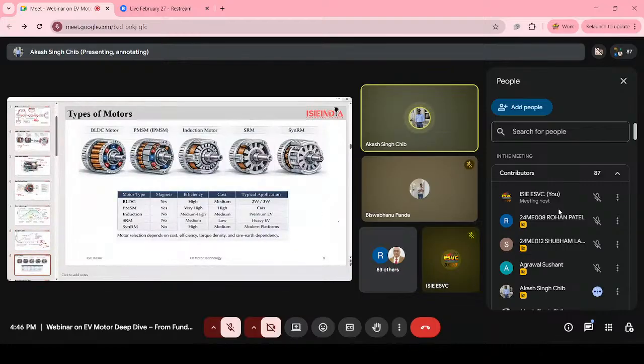Now let's see the types of motors. Basically, which types of motors we are using in EVs right now, and which types we will use in the future.